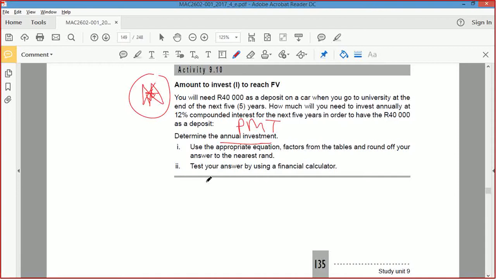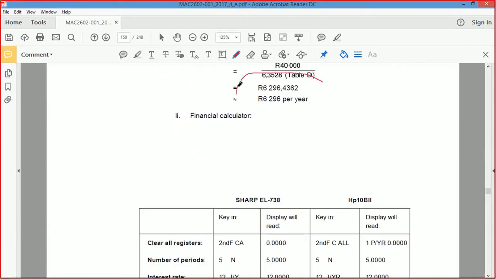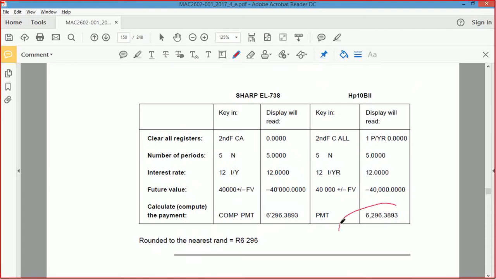So 5 is my N, 12 is my I. 40,000 is I think my FV. And then I'm trying to solve for my PMT, which is 6,296 and 39 cents. Yep, that's correct.